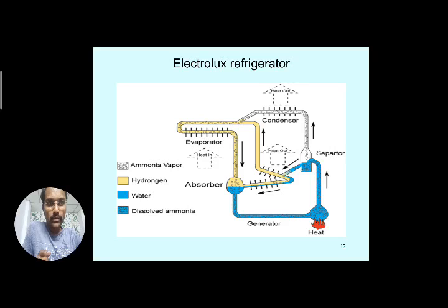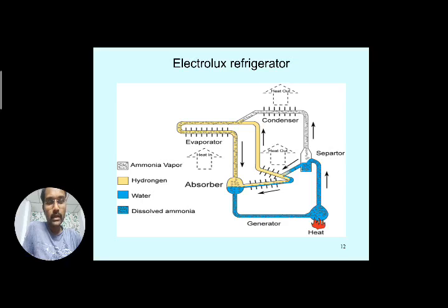Whatever is in vapor form, that vapor, the weak solution, is entering into the absorber, and the ammonia vapor enters into the condenser component. So heat is rejected in the condenser.